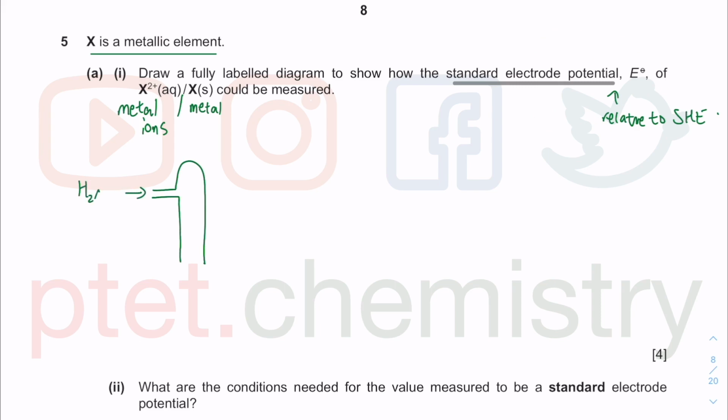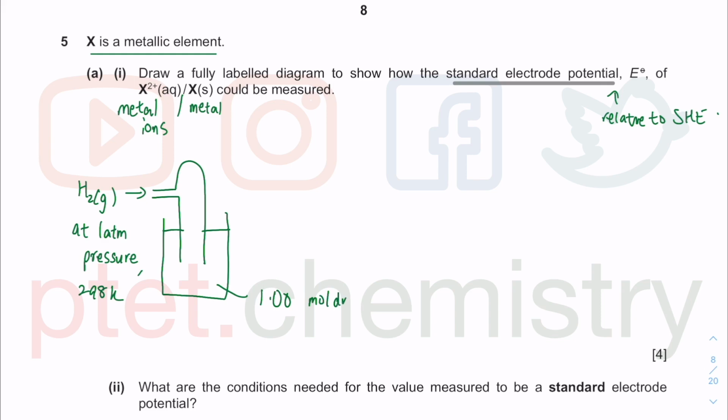This is going to be H2 gas at 1 atm pressure, because we are talking about standard conditions, and this is also at 298 Kelvin. This one is dipped in a solution, and this solution contains 1.00 mole per dm cube of H plus concentration.